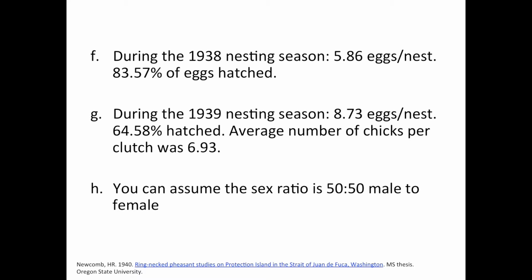During the 1939 nesting season, there were more eggs per nest, 8.73, but fewer of them hatched, 64.58%, and the average number of chicks per clutch was 6.93. And you also want to assume that the sex ratio is 50 to 50 male to female.